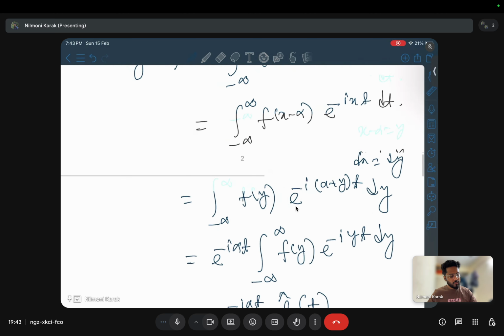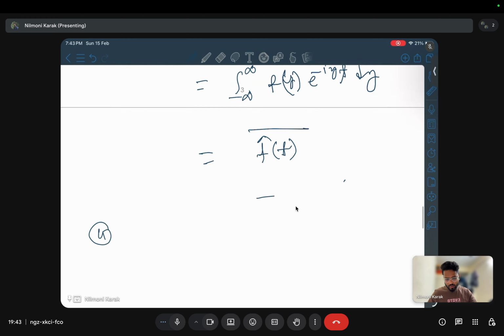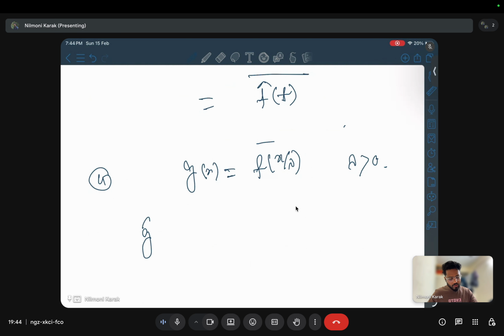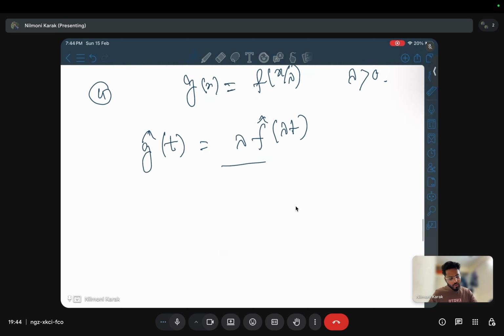Last, g(x) is f(x by lambda) with lambda greater than 0, and we have to prove that g hat of t equals lambda times f hat of lambda t. Now g hat of t equals the integral of f(x by lambda) e to the power minus i x t dx.